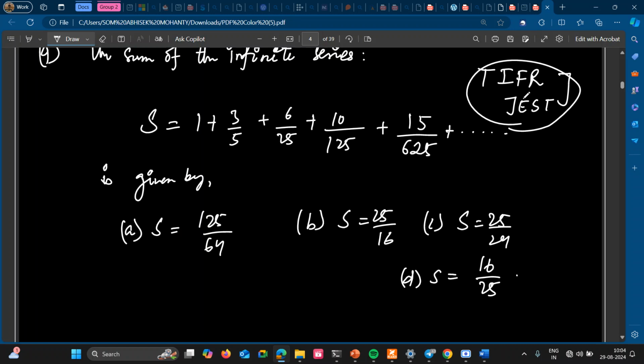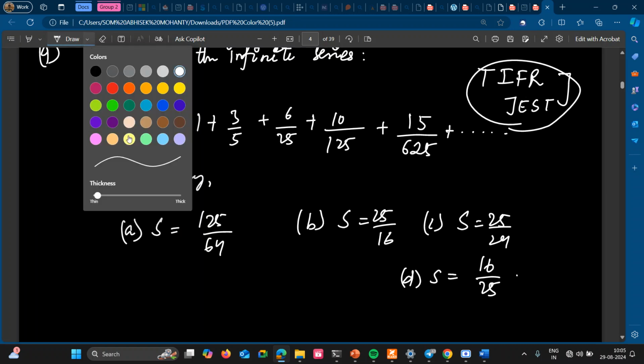Sum of the infinite series S is equal to 1 plus 3 by 5, 6 by 25 plus 10 by 125 plus 15 by 625. How to solve it? Can we get a pattern here?